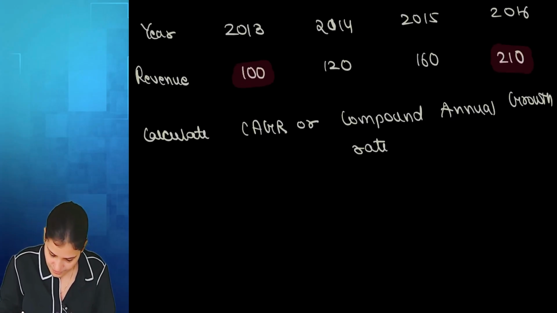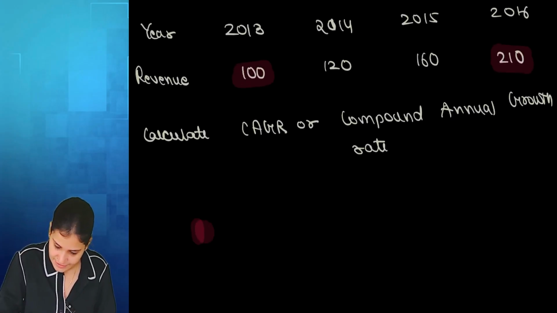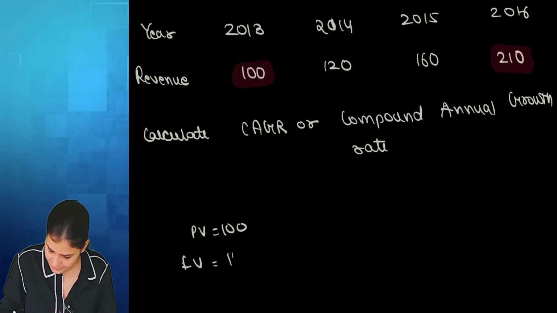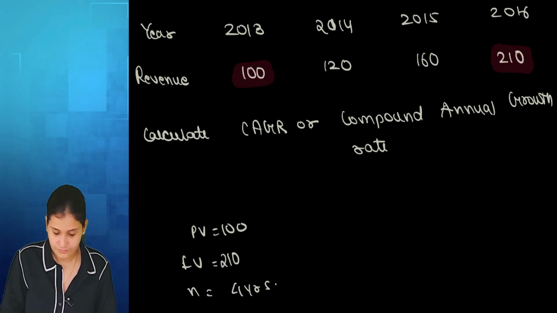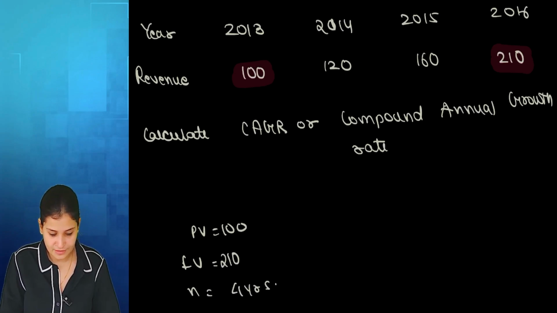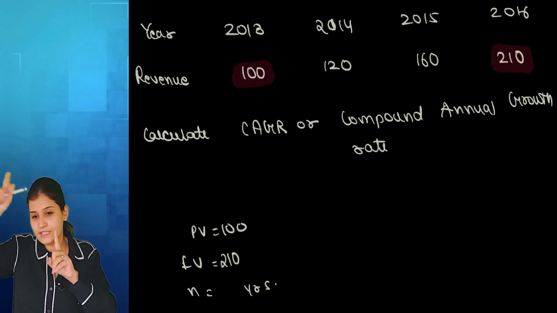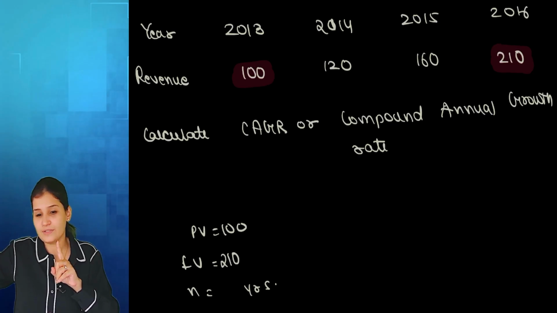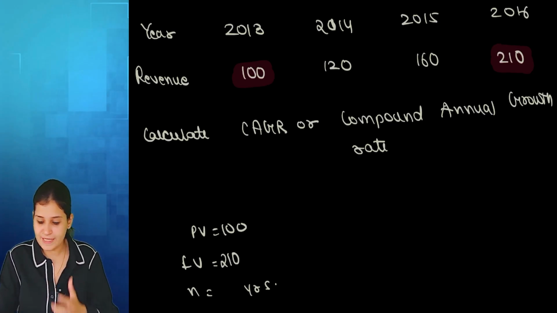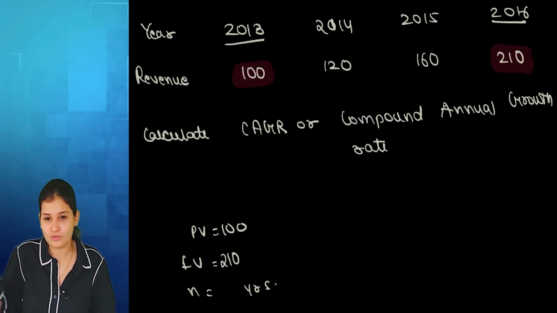So 100 is your present value, my future value is 210, time 4 years. Wrong. Time is 3 years, not 4 years. 13 to 14 is 1 year, 14 to 15 is 2 years, 15 to 16 is 3 years. You basically subtract these two: 16 minus 13.